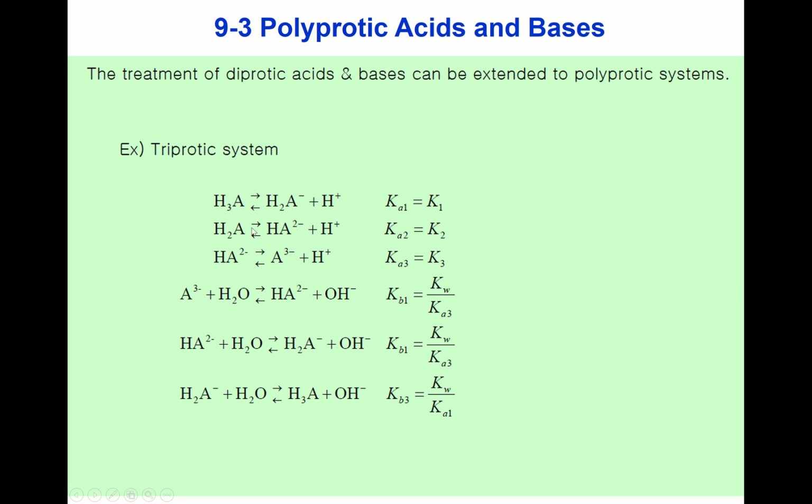We have the H3A form, which is the fully protonated species, and the fully deprotonated species, which is A3 minus. So there are three dissociation equations, first, second, and third. We write an equilibrium constant for each dissociation: KA1, KA2, KA3.